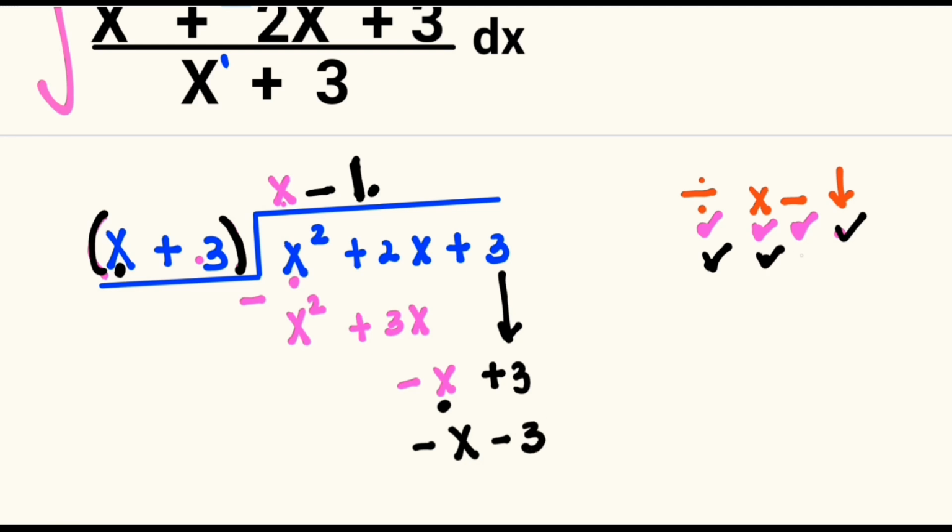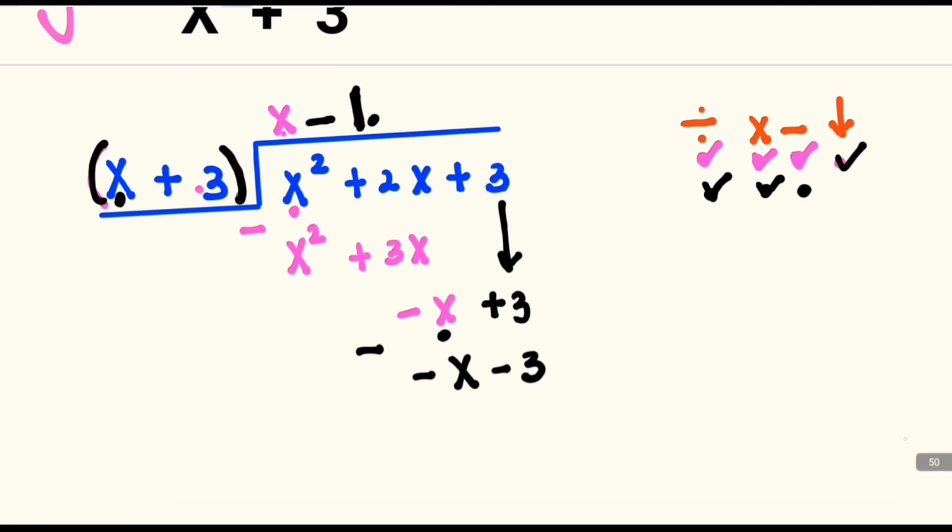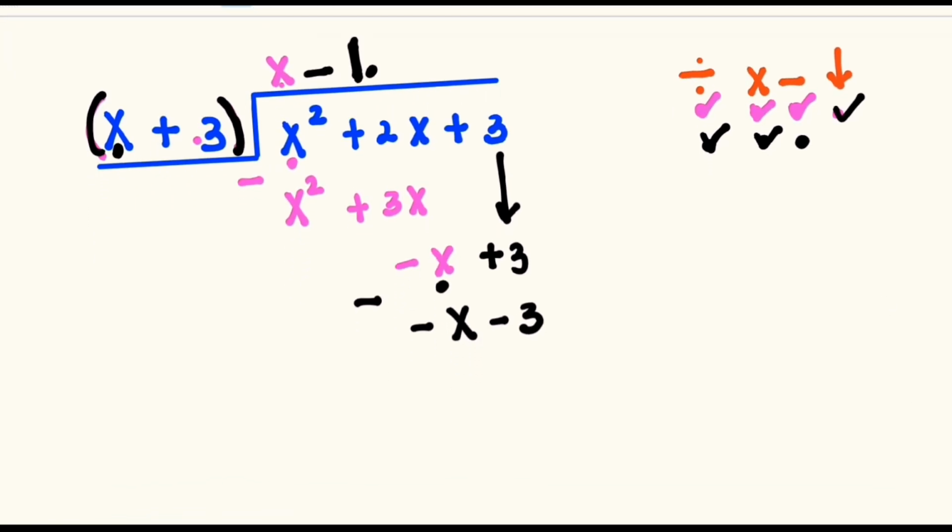We multiplied, and now we have to minus. Negative x minus the negative x will be equal to 0, and the 3 minus negative 3 will be equal to positive 6. We minused, and now we cannot drop down anything because there is no term after the 3, so the remainder is equal to 6.